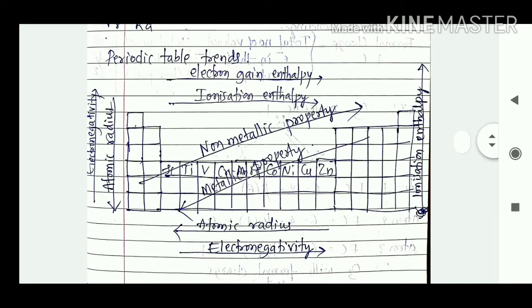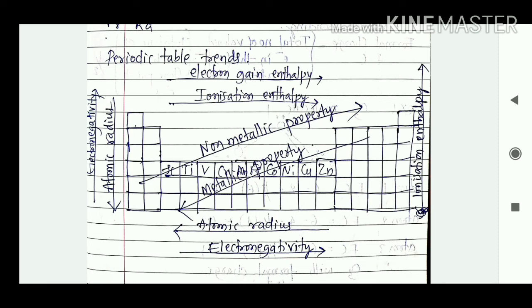These are important, so we'll see this one. When we move from left to right, electron gain enthalpy increases and ionization enthalpy increases. When we move from top to down, atomic radius increases, right?